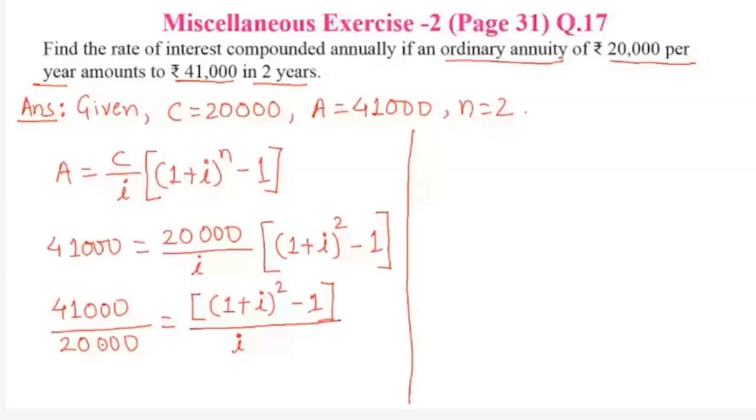Remove the zeros, so 41 upon 20 is equal to, what is this? 1 plus I raised to 2. This is A plus B the whole square. Do you know this? Okay, let me write with black color here. Those who don't know this, A plus B the whole square is A square plus B square plus 2AB.